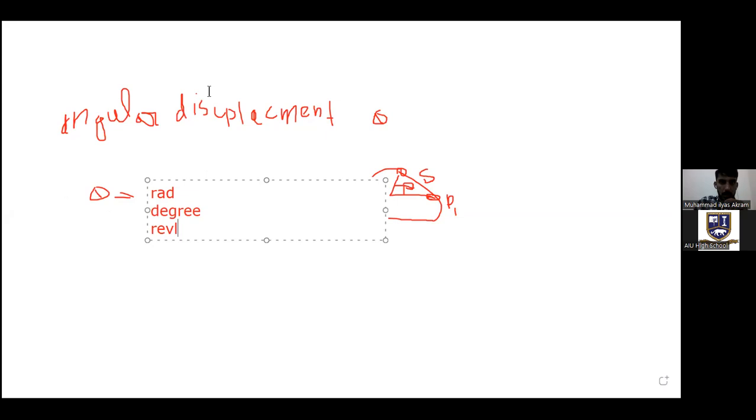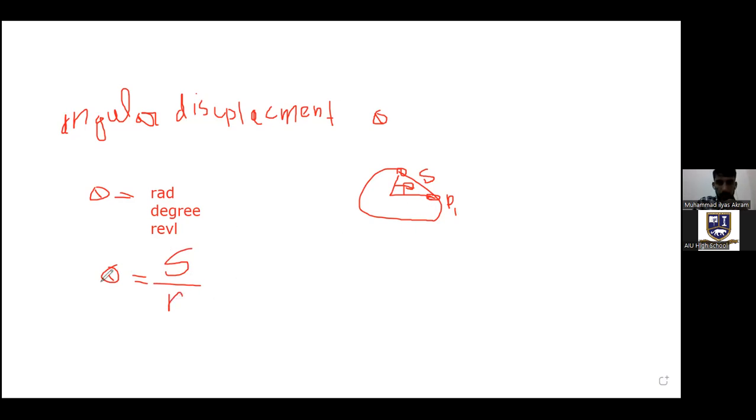The formula that we use for the calculation of angular displacement is theta equal to the distance that is traveled per radian.